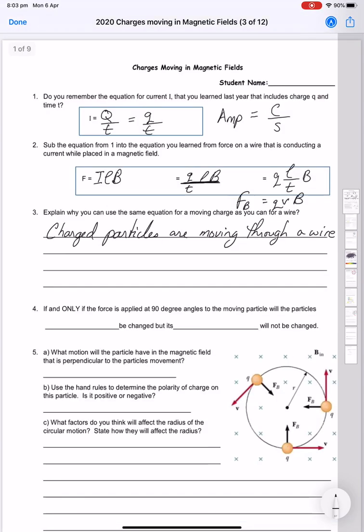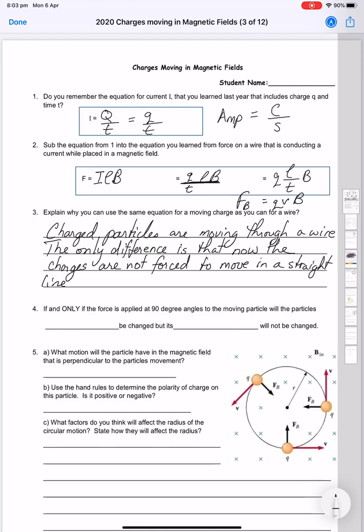The only difference is that now the charges are not forced to move in a straight line through a wire.